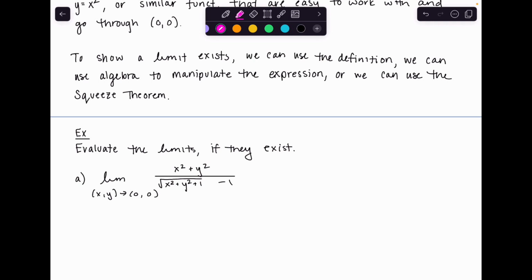So if you plug in 0, 0, this gives you root 1 minus 1. The bottom ends up being 0, and then the top you have 0. So it's still technically one of those indeterminate forms. Right off the get-go, I'm trying to plug it in, but I can't. You get the form 0 over root 1 minus 1. It's 0 over 0.